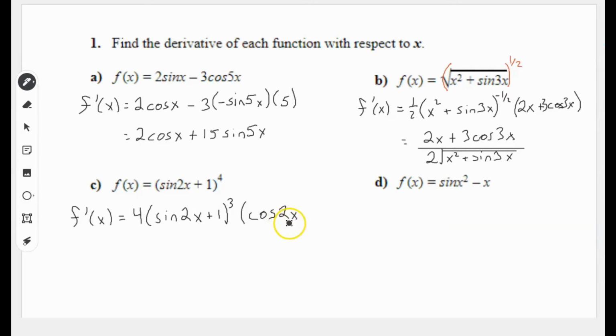Then we have to multiply the derivative of 2x, which is 2. I'm going to throw that in front here. And then derivative of 1 is 0, so that's that. So if you want to simplify a bit, 4 times 2 is 8, so we have 8 times the cos of 2x, all times by this sine 2x plus 1 cubed.